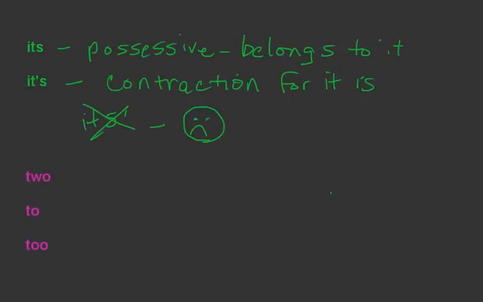These next three are also problematic for a lot of people. Not so much the first one, but the other two. With the first one, what we have is a number.